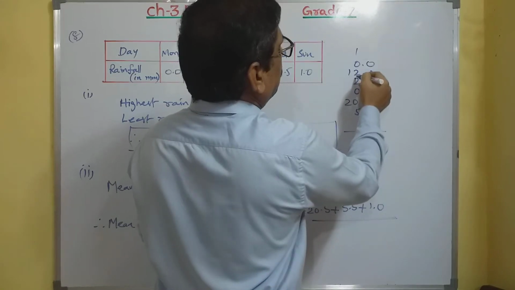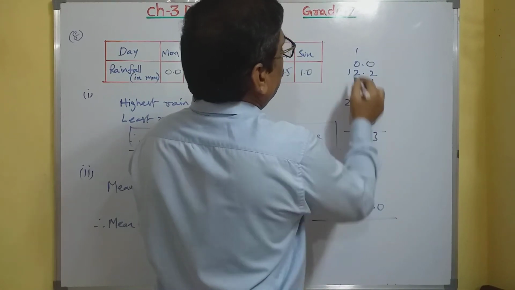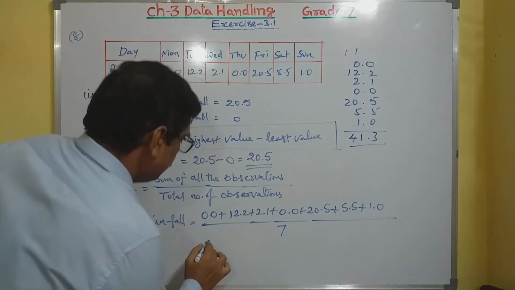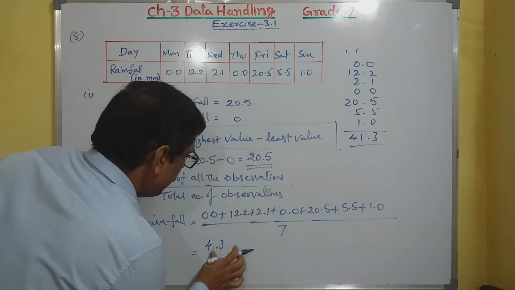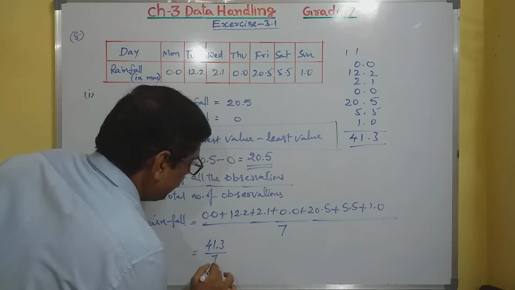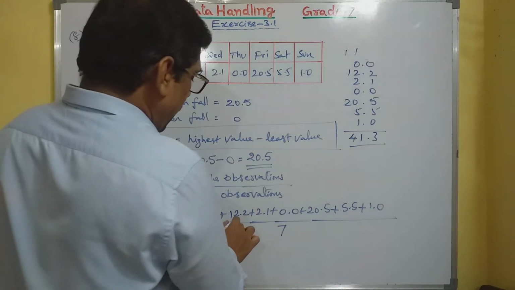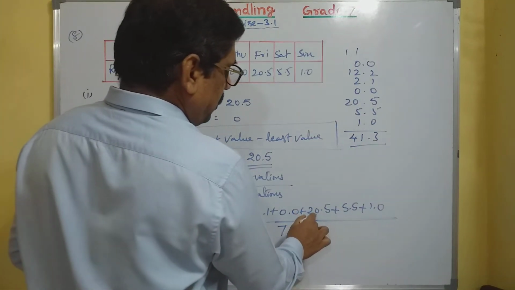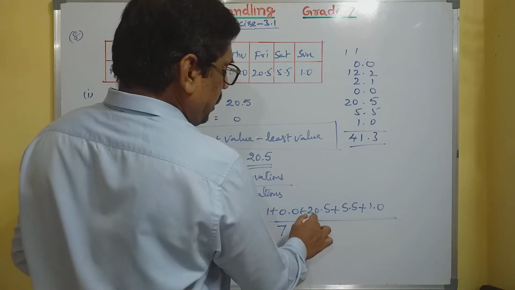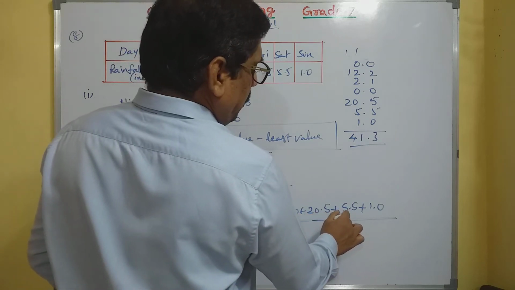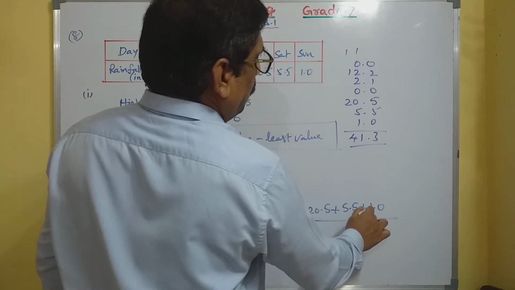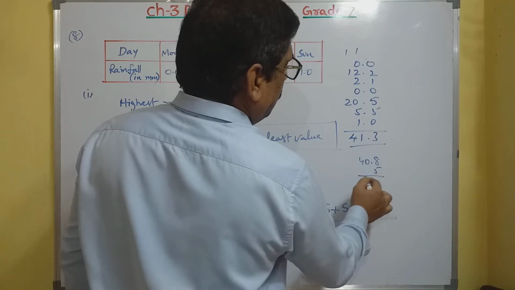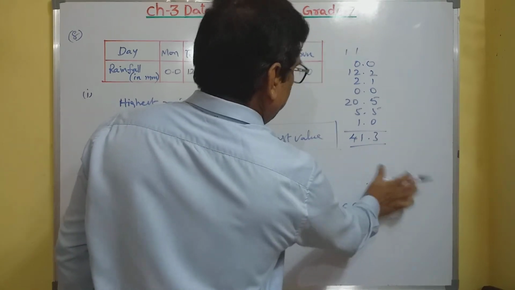13, 3, 1, 11, 1. So this is 41.3. Let us add one more time. 12.2, 13, 14.3, 34.8, 40.8, 40.8 plus 0.5, so correct, 41.3.